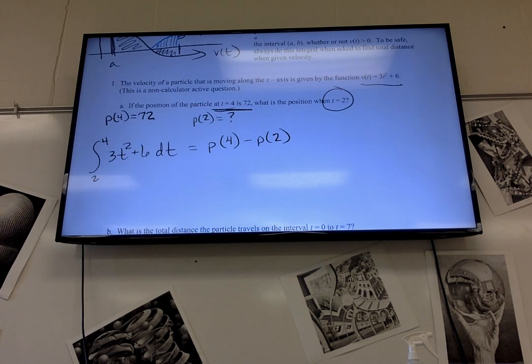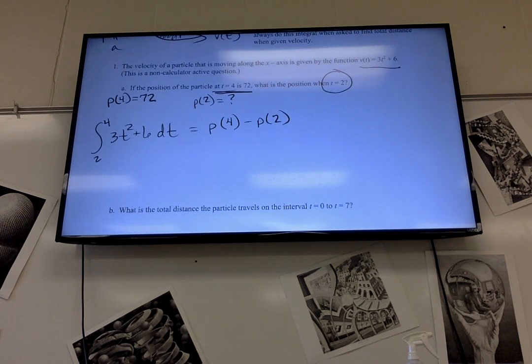Okay with me? All right. Now, on the left, 3t squared plus 6, I make that t cubed. Divide by 3, so that's t cubed plus 6t, evaluated from 2 to 4. P of 4, we know. What is it? 72. So what do we plug in?